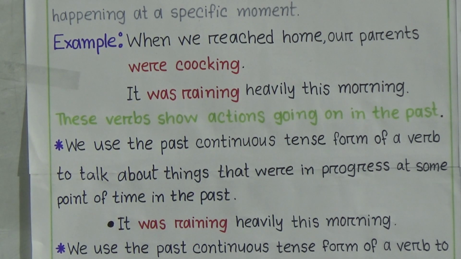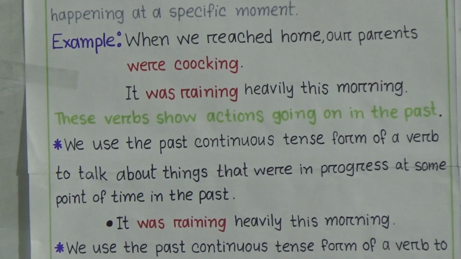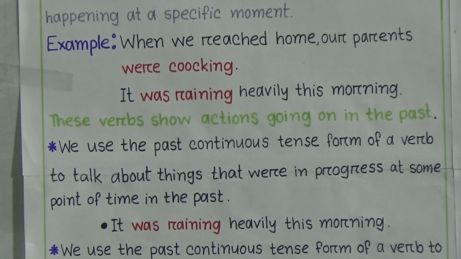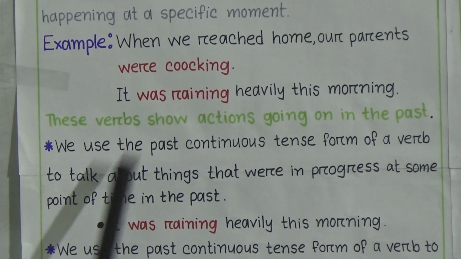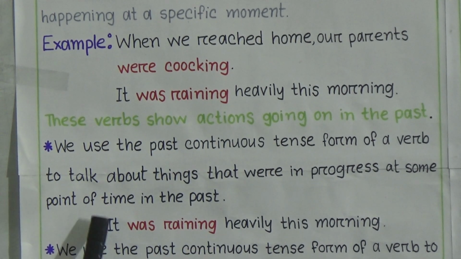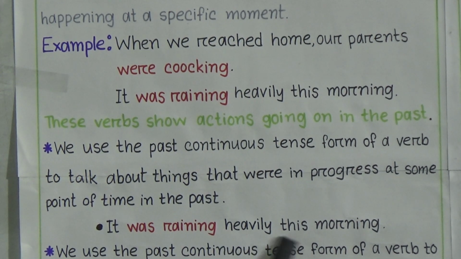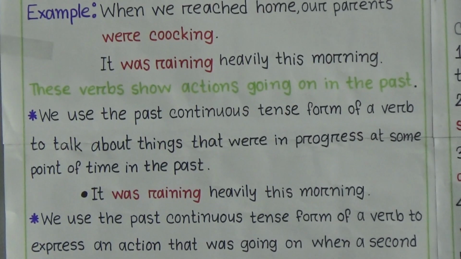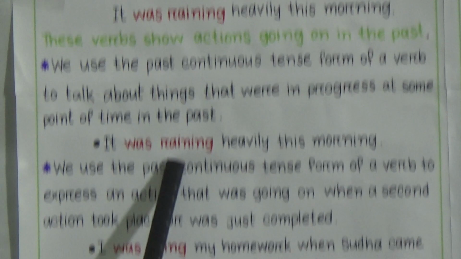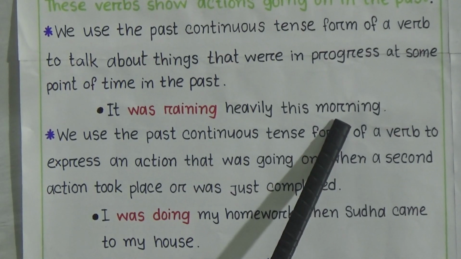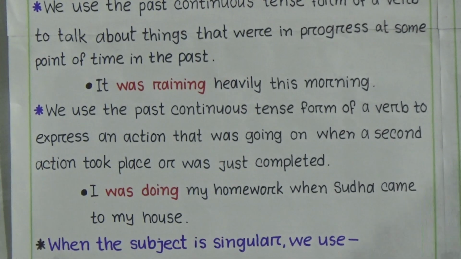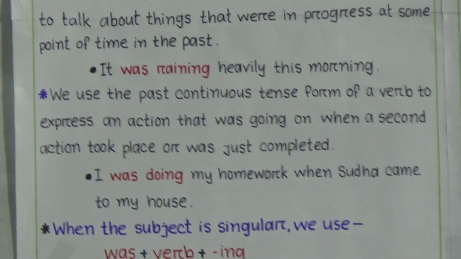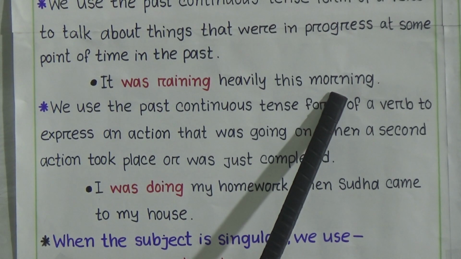Students, when we mention some point of past, it must be the past continuous tense. For example, it was raining heavily this morning. Look, it was raining. It means before this morning it was raining and it is still raining this morning.